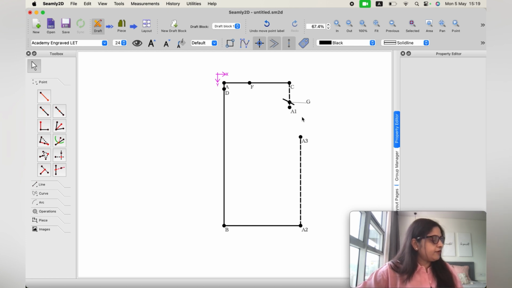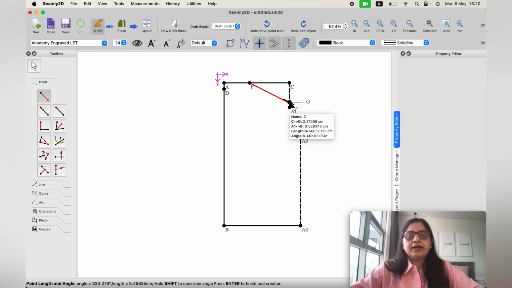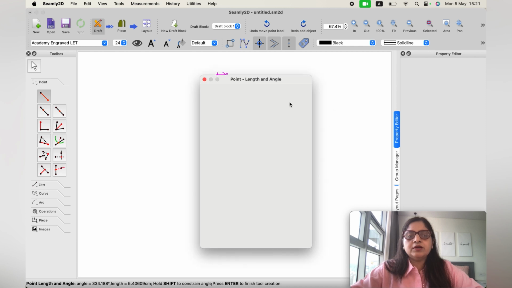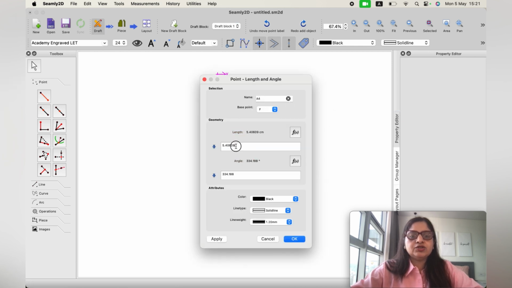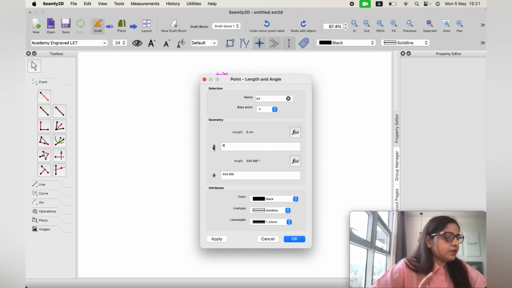Now F to H is shoulder length plus 1/2 inch. Now I need a line from here to here, and my length should be 5 1/4 plus 1/2 an inch.